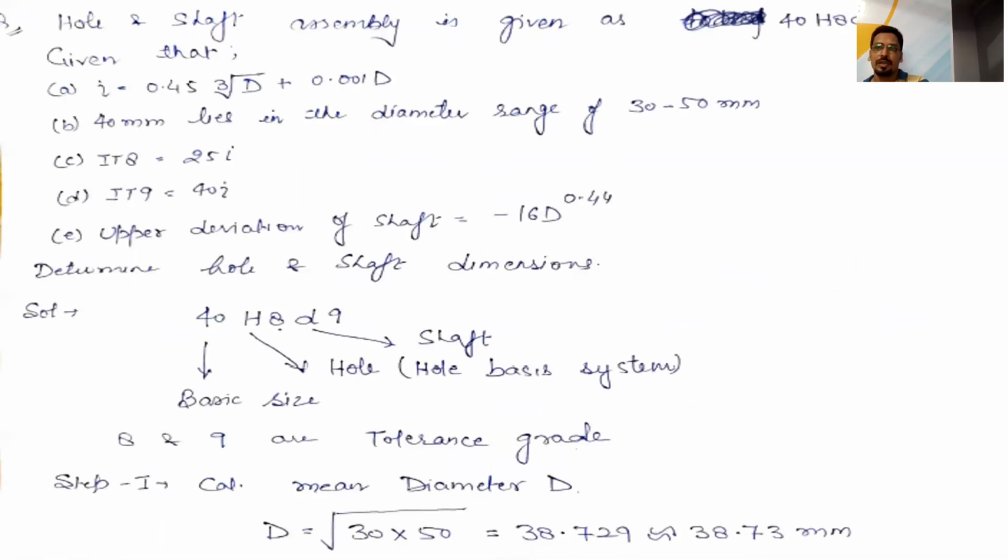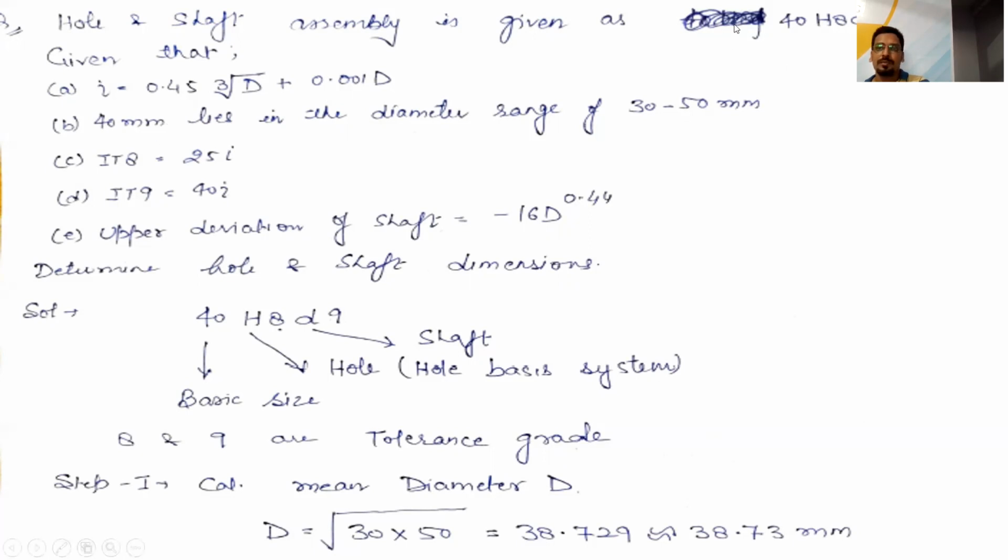Now this question is related to the use of the tolerance grade formulas, that is IT1, IT2, IT3, which I have told you in the previous lecture. The hole and shaft assembly is given by 40 H8 D9, and it is also given that I, the formula of the standard tolerance, is provided to you.